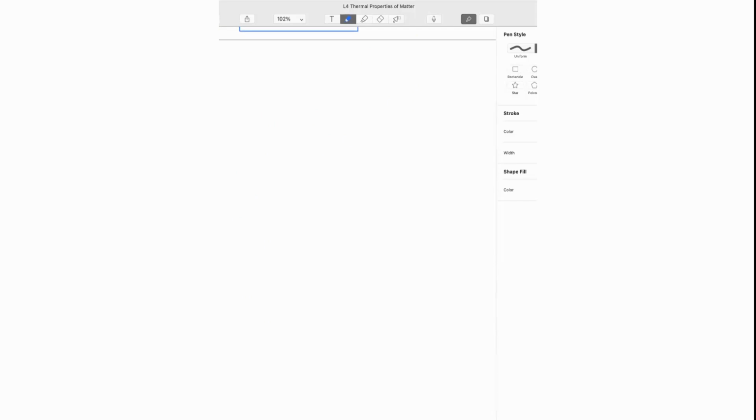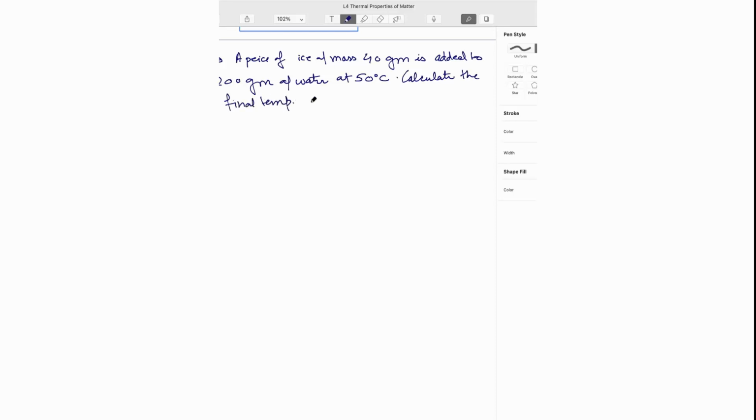Now let's look at another question. A piece of ice of mass 40 gram is added to 200 gram of water at 50 degrees centigrade. Calculate the final temperature when all the ice is melted.